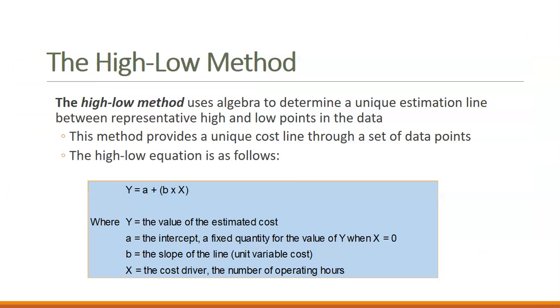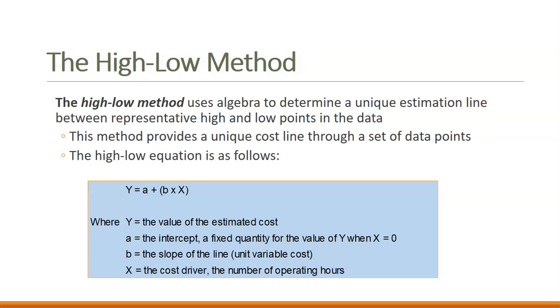Then when using the high-low method, we use the equation for a line, linear algebra. So our line is y, the total estimated cost, equals a, the intercept or the fixed cost, plus b times x.